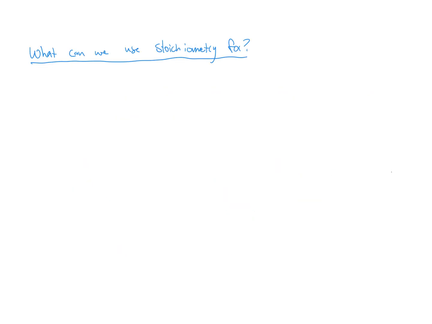Now, the reason that we care about stoichiometry is because there's a lot of different values and parameters that we can determine using stoichiometry. Firstly, we've done this quite a bit already. We can determine the number of moles or grams of a compound made in a theoretical reaction. So if I give you some sort of a chemical equation, I should be able to calculate the number of moles or grams of something that I'm making given a starting material.